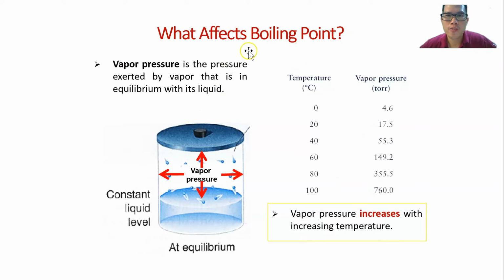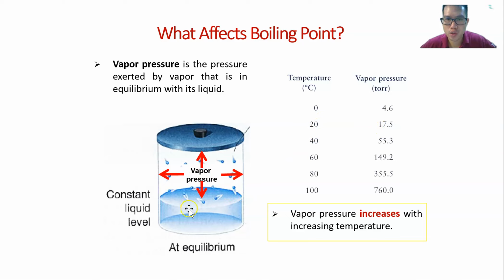Let's look at what affects the boiling point. Boiling point is affected by what we call the vapor pressure. Whenever there is a temperature, a certain vapor pressure exists. This vapor pressure is different from liquid to liquid. For water, the vapor pressure at 20 degrees Celsius, or most room temperature, is 17.5 torr.